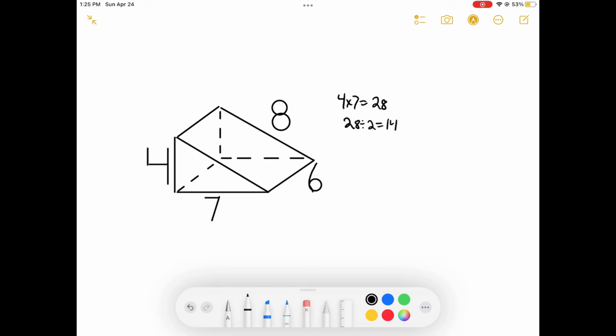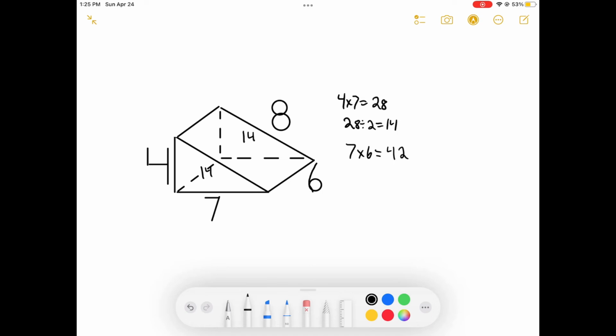So both of these triangles would have an area of 14. So let's put that there, because the dimensions of them are both the same. So let's find the area of the next side. 7 times 6 equals 42.